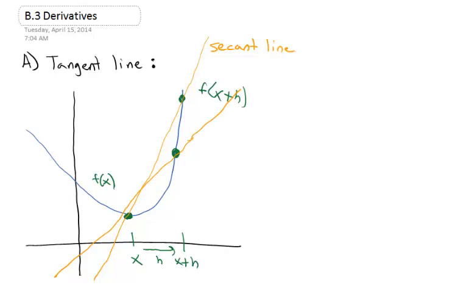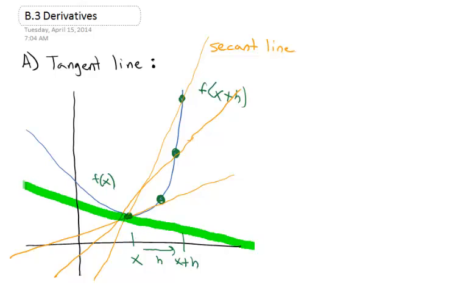Okay, that didn't quite connect the points, but you get the idea. And then we would make h a little bit smaller, and look at the secant line that connects those two points, until we finally ended up with a line that does not go through the graph, but barely touches the graph at the point x. That line is called the tangent line.